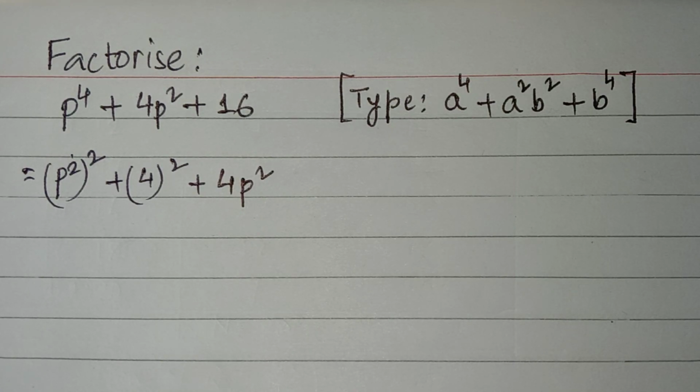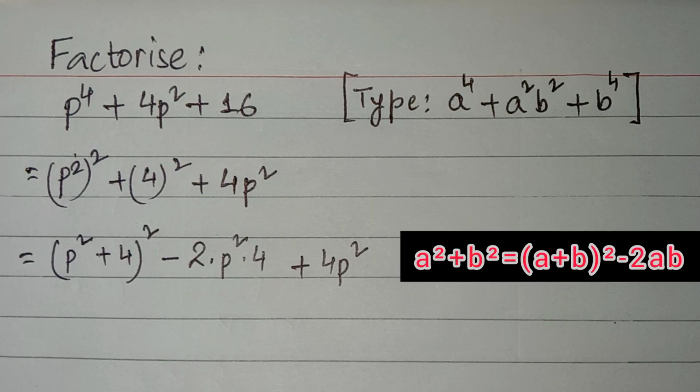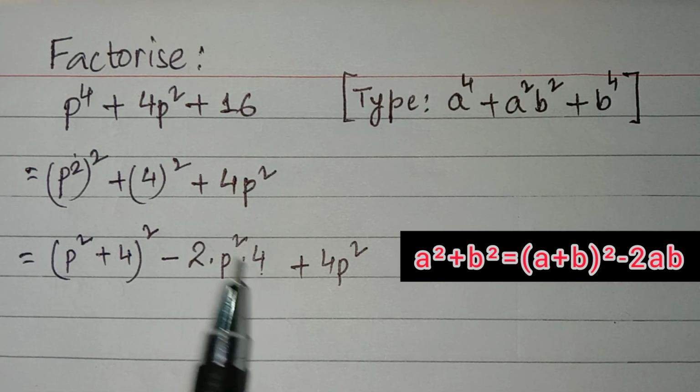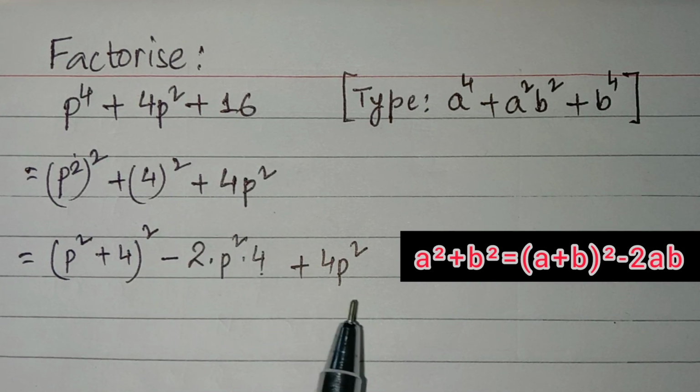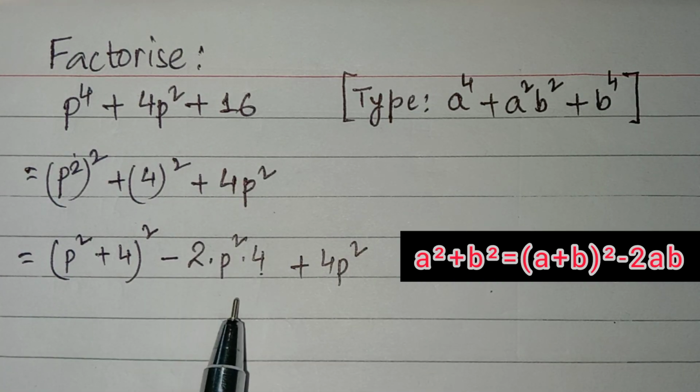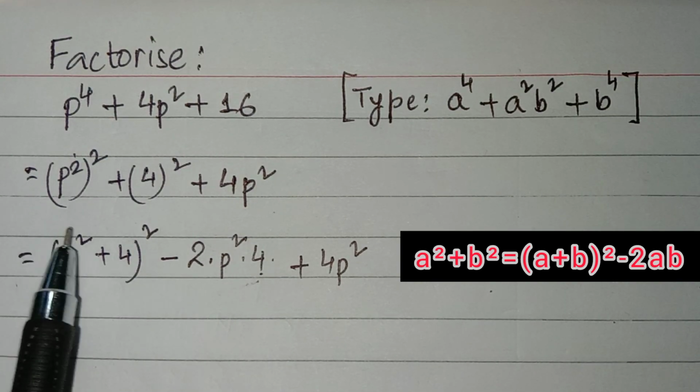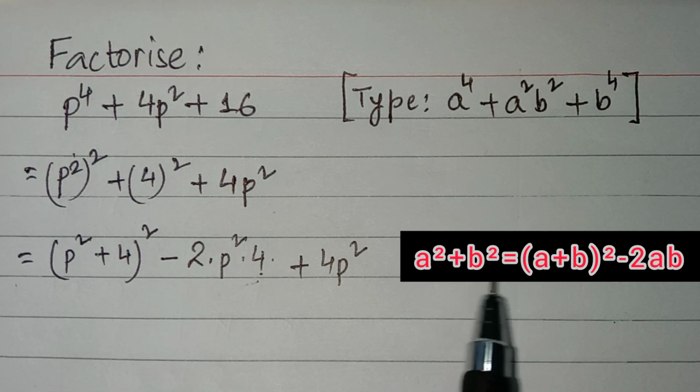Now here we are going to apply the a square plus b square formula, which is a plus b whole square minus 2ab. So I get p square plus 4 whole square minus 2 times p square times 4, and this 4p square is written as it is, and we get this from this formula.